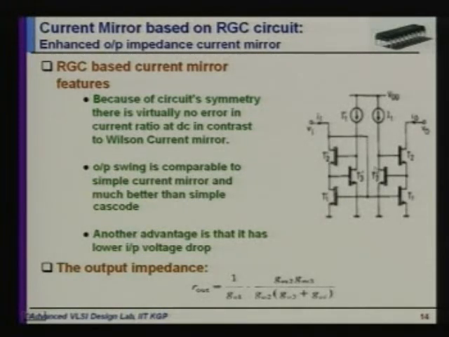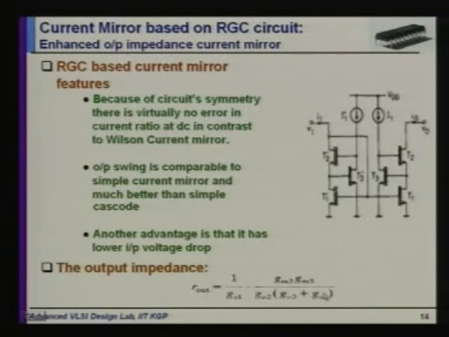See that these three transistors can be called a super transistor, and for that super transistor the gate is connected to the source, drain. So this is nothing but a diode connected transistor, and this is another super transistor. You can simplify this whole circuit to a simple current source, and the output resistance can be derived from the regulated cascode.